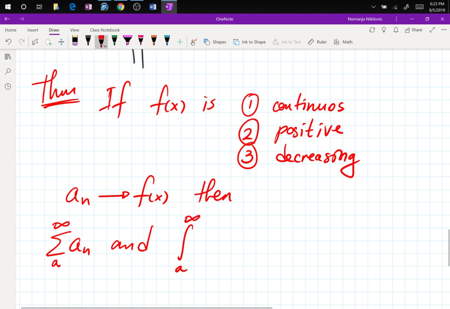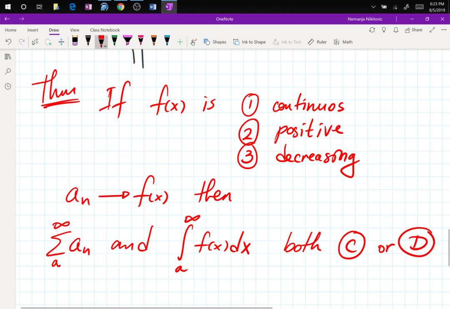If the series starts at 2, integral starts at 2. If the series starts at 7, integral starts at 7. So that a value on the bottom is the same value. F of x dx, both converge or diverge. So they share the same fate if those three conditions are satisfied.